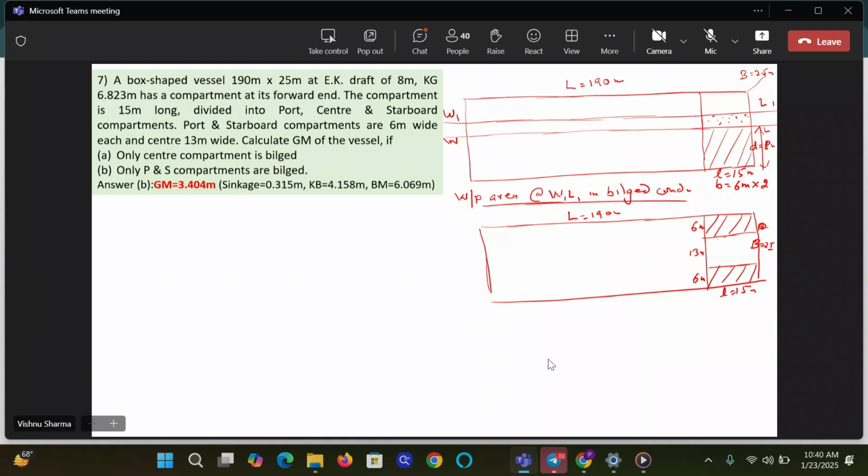Guys, is this the water plane area in the bilged condition at W1 L1 or you made something else? Yes, sir. Okay.